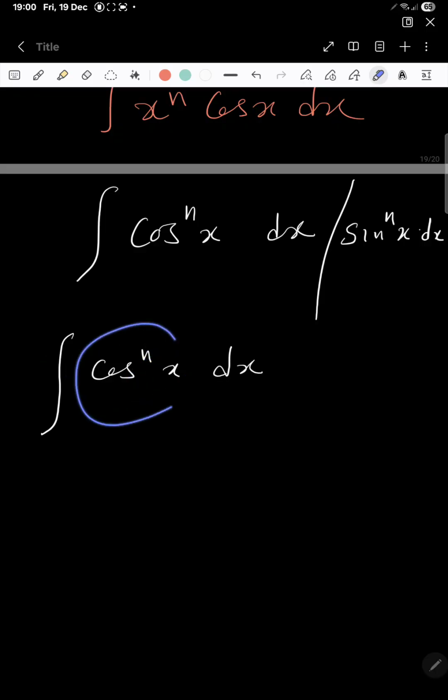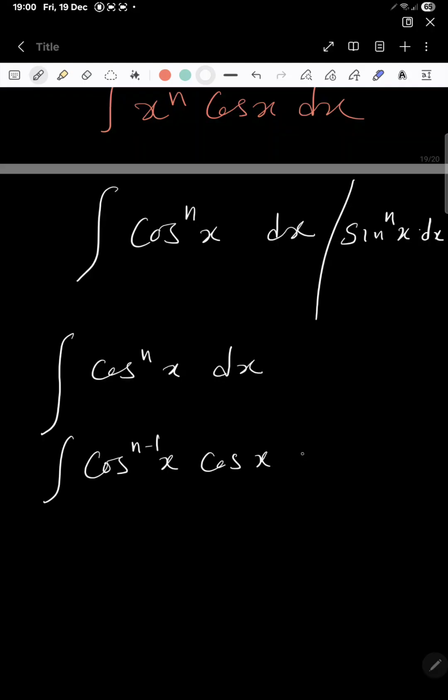So to make these two functions, what you're going to do is simply to divide this into two. So dividing this into two, you are going to say that this mathematically, according to index notation, is the same as cos to the power n minus 1 x, then cos of x dx. This means that if I rewrite this function in two functions here, I have the same powers here.